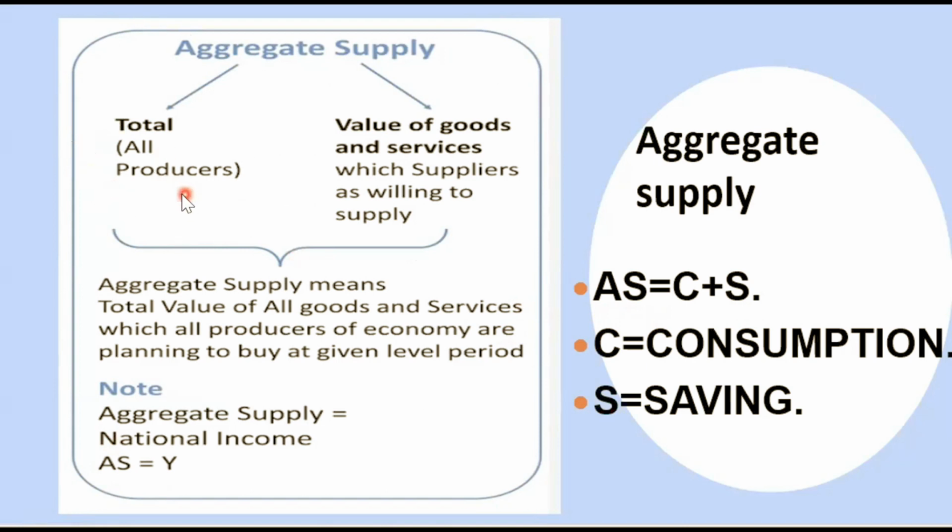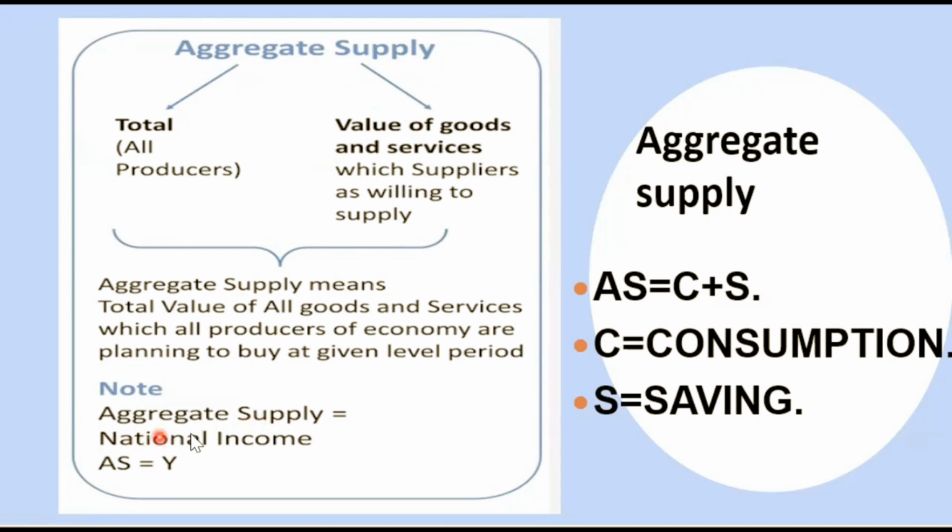So aggregate supply is the total value of goods and services which all the producers in the economy are willing to supply at a given period of time. Again, here we are focusing on a period of time, not a point of time. So we can say that aggregate supply is also a flow concept, not a stock concept, isn't it?